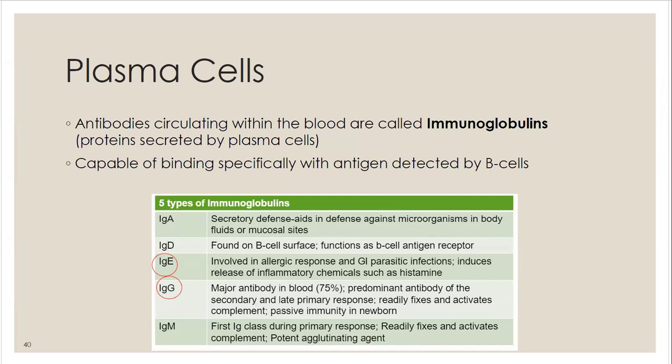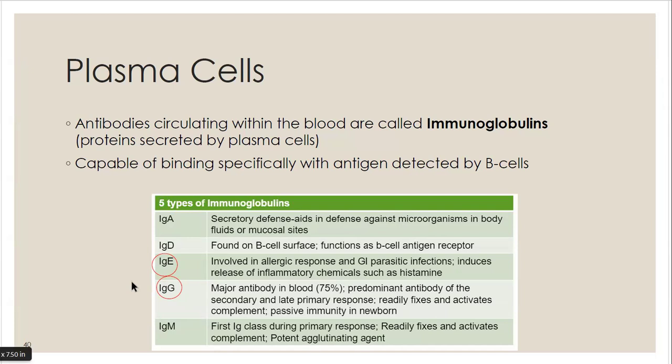Plasma cells are short-lived but highly effective, and they produce large quantities of antibodies that provide immediate protection against the pathogens. You can see in this chart there are 5 types of immunoglobulins: IgA, IgD, IgE, IgG, and IgM. IgE and IgG are the ones that we talk about the most.